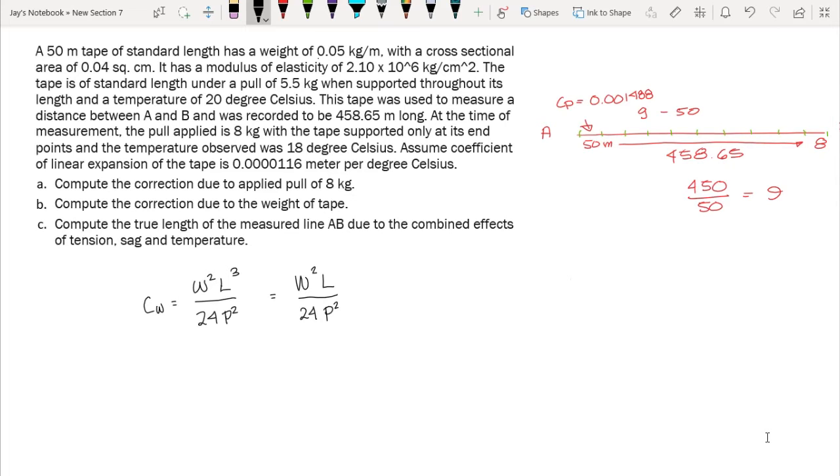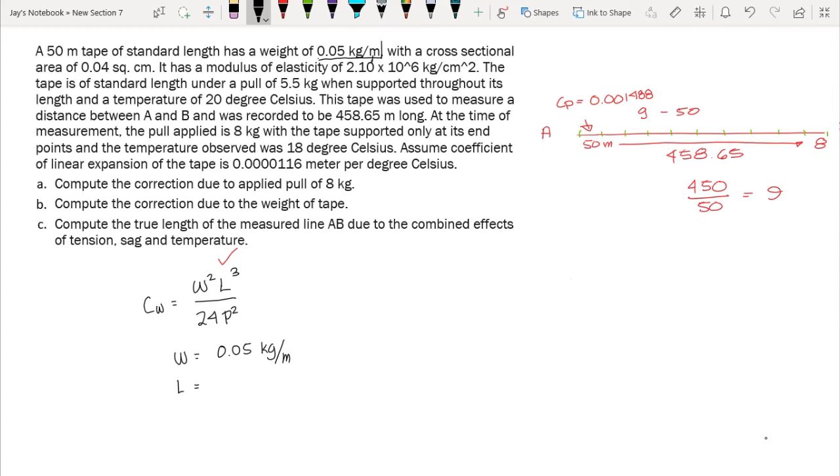Now we can use either of the two, but we have to look at the given weight in our problem. Now the given weight is 0.05 kilogram per meter, so this one is linear weight, so we should use this formula here. Okay, now we have the given w, which is the linear weight, 0.05 kilogram per meter, and the length here, or the L, is the length between supports.